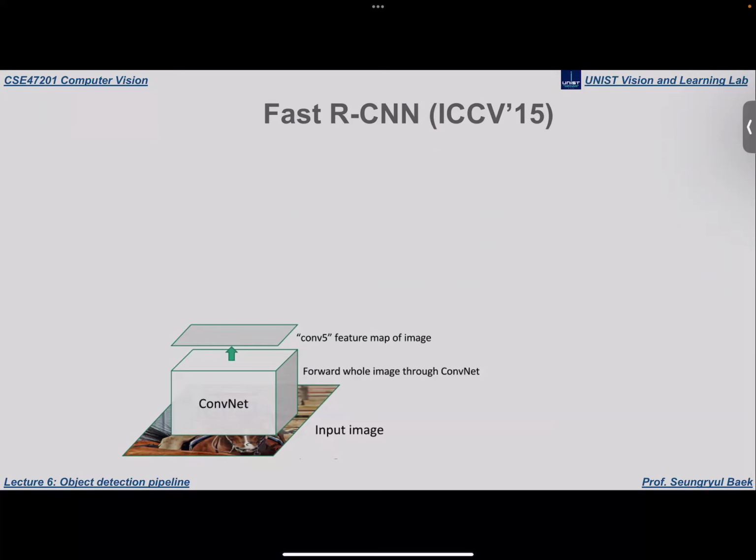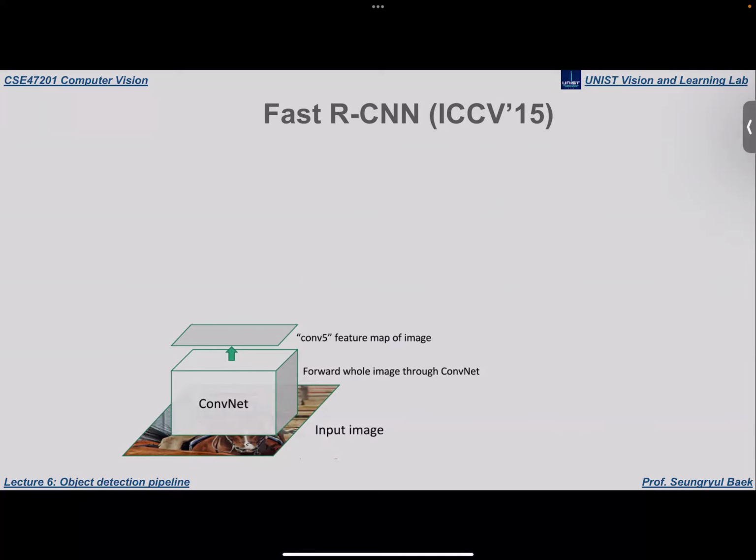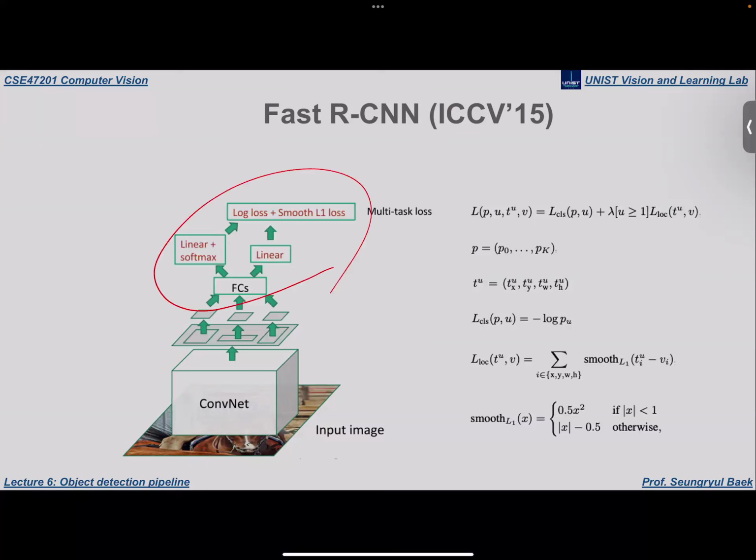Previously, we had to apply the CNN as many times as the number of bounding boxes. But in fast RCNN, we apply the CNN architecture just one time and get the 2D feature map, apply ROI pooling to make it into a fixed vector, and then map it to class probability and also bounding box estimation.